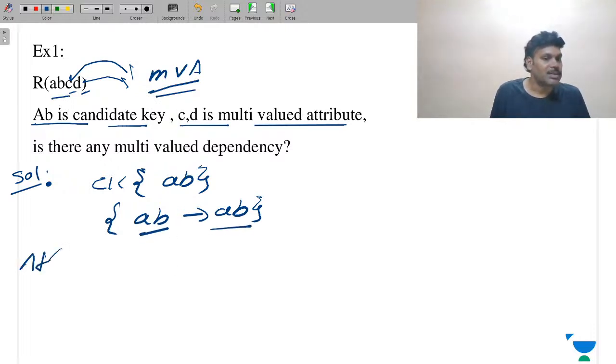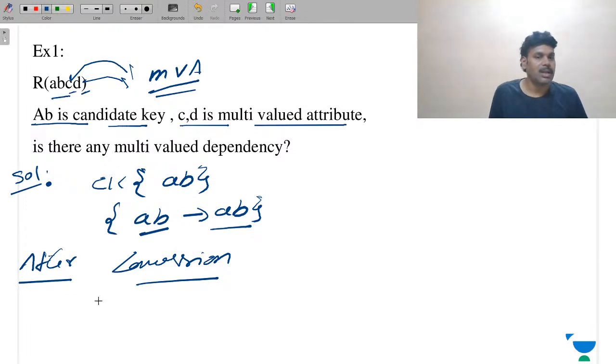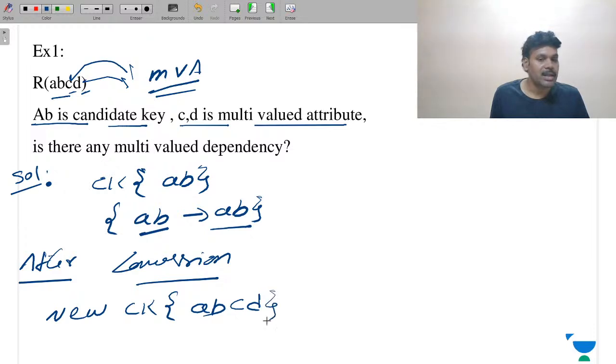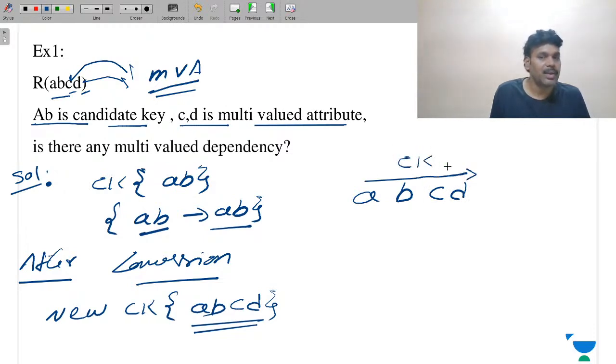Now after conversion, we get a new candidate key. What is your new candidate key? Your old candidate key along with CD. Now your new candidate key is A, B, C, D. Completely it is the candidate key.